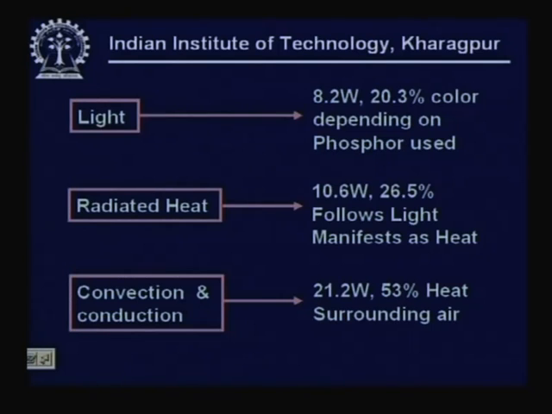So, what does it say? Close to 20% is what comes out as the useful light output. Around 27% gets radiated as heat which goes along with the light, and about 53% is by conduction and convection.